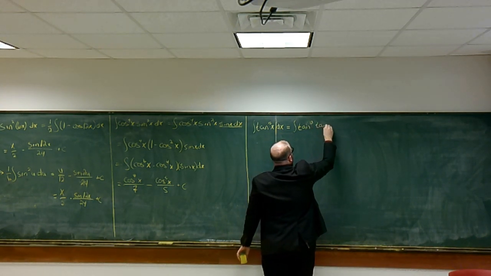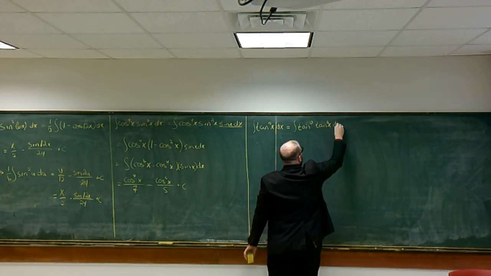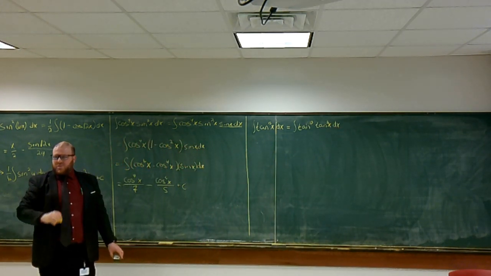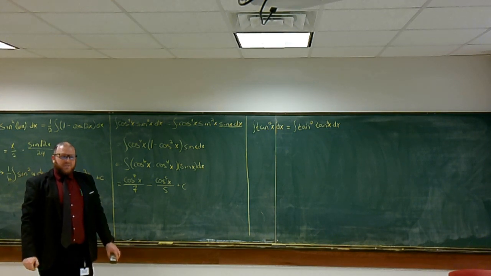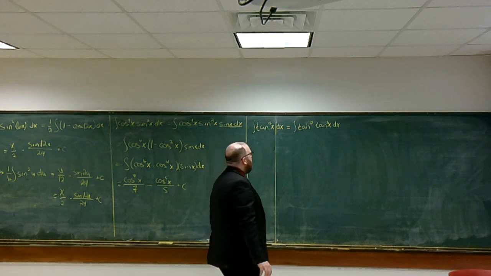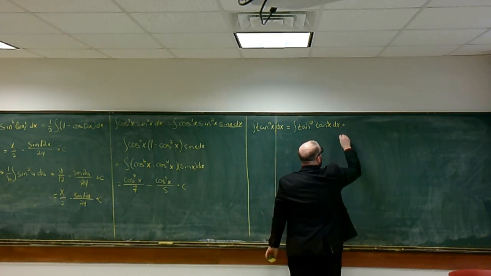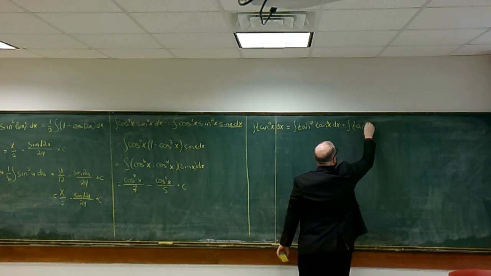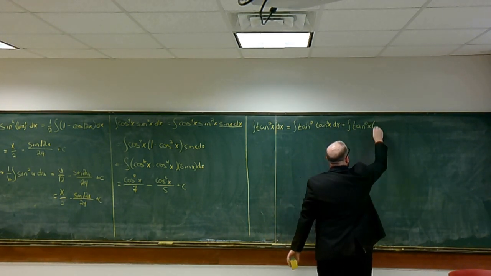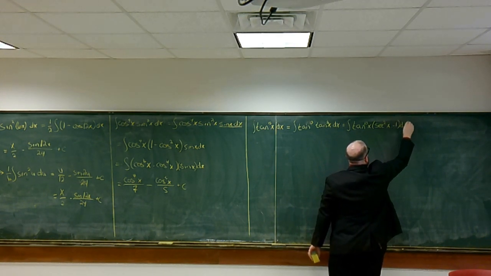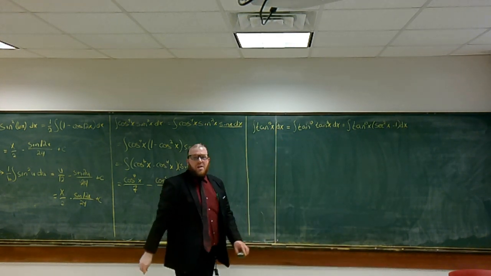So, for odd power of tangent, you want to pull out a tangent squared. Because that's going to allow us to write this. Tangent squared is secant squared minus 1.